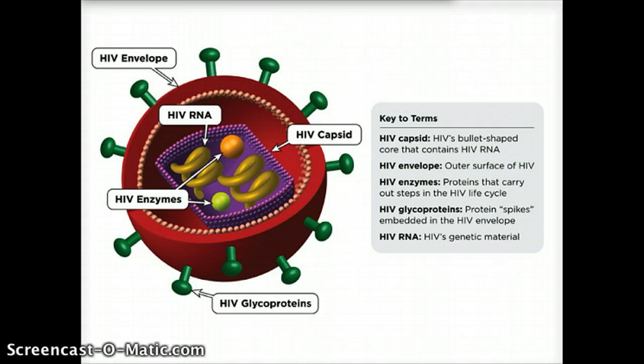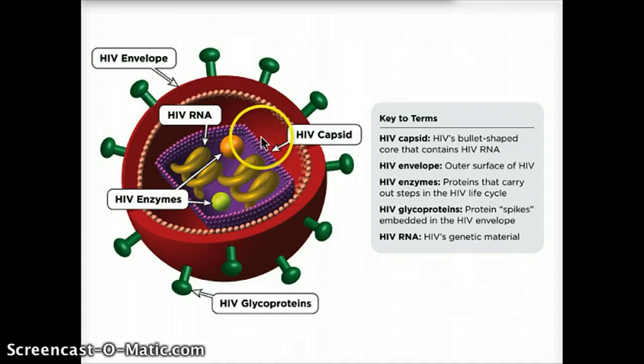So there is a sectional cut here, and we can see both the shape of the virion and these tentacles or spikes that illustrate proteins on the surface of HIV. They're called glycoproteins, as you can see.